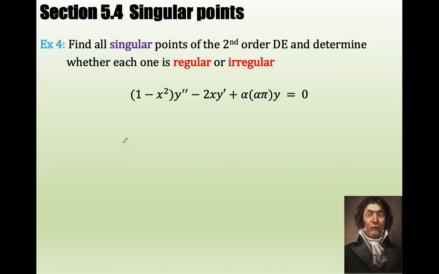So anyway, how about this one? You're going to divide through by 1 minus x squared. So that's your coefficient of 1. So x equals plus and minus 1 are your points of singularity. I guess I should write this out as x equals negative 1 and x equals 1.